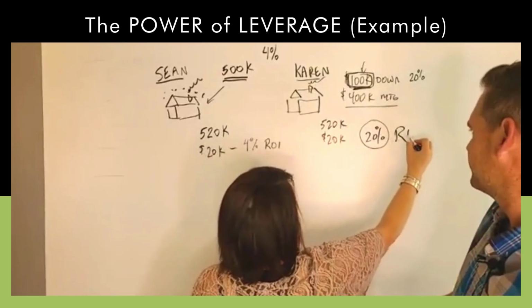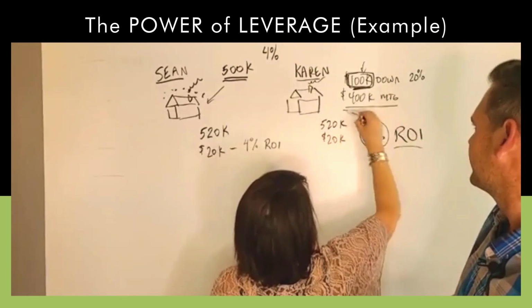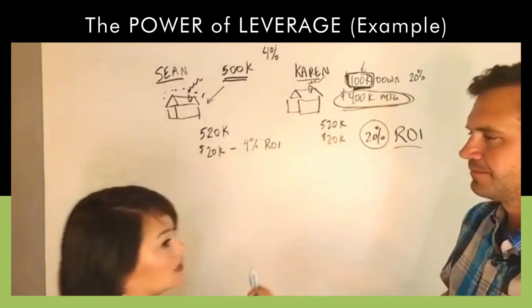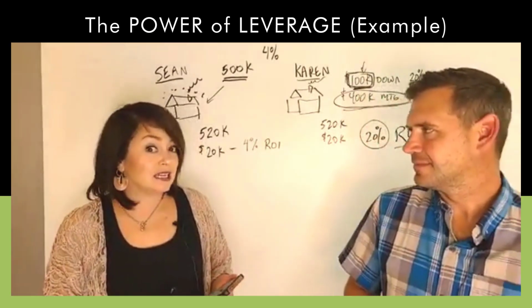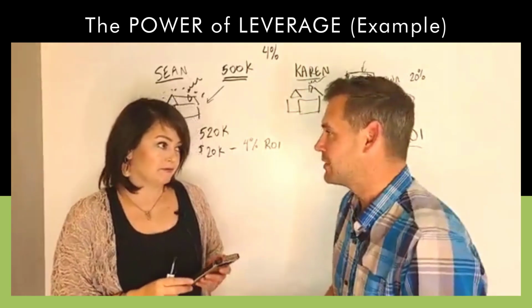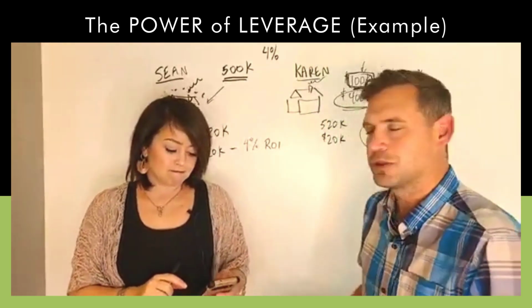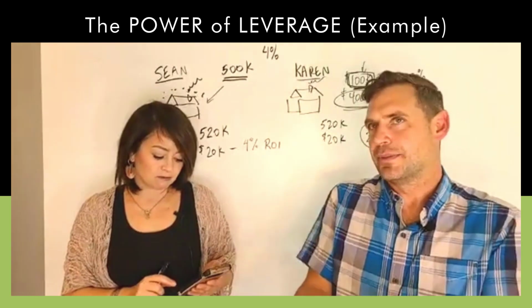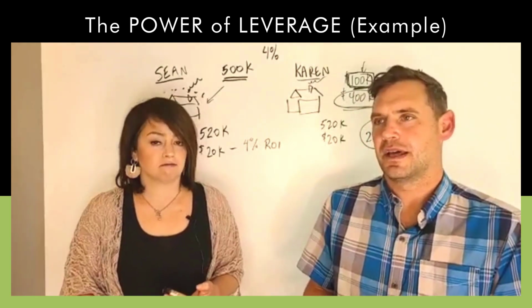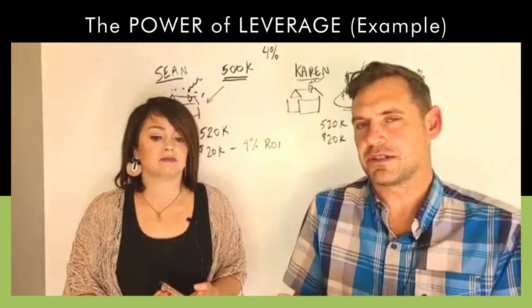This is ROI, and the difference is the fact that some of it was leveraged and she's using some of the bank's money. Exactly. Other people's money. We talk about that all the time. OPM, or other people's money. When we use other people's money to invest and we make a profit on it, then that increases our return on investment, right?